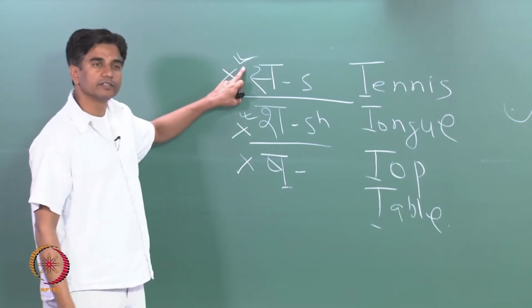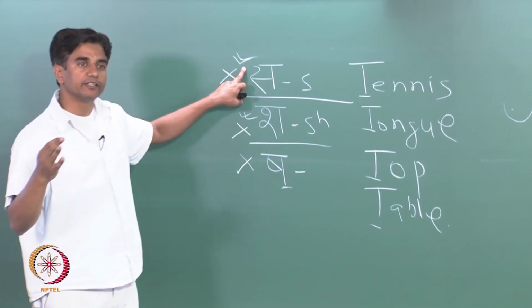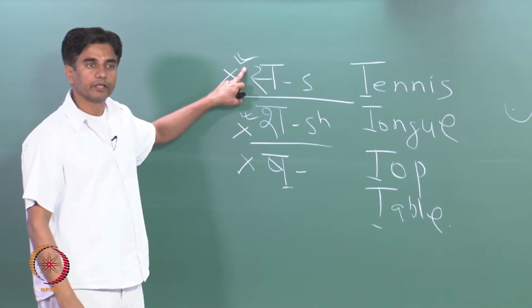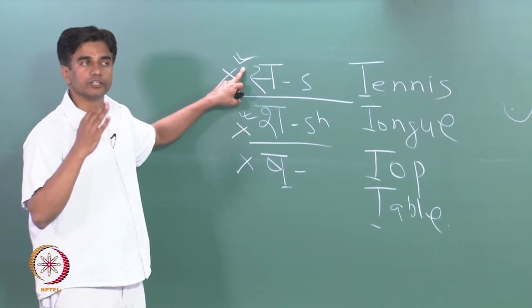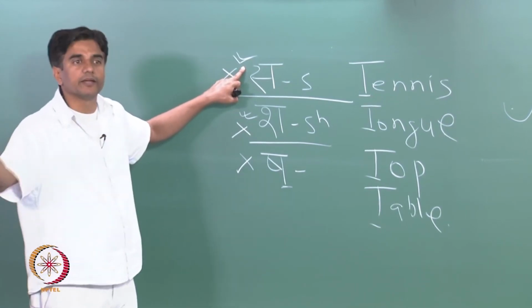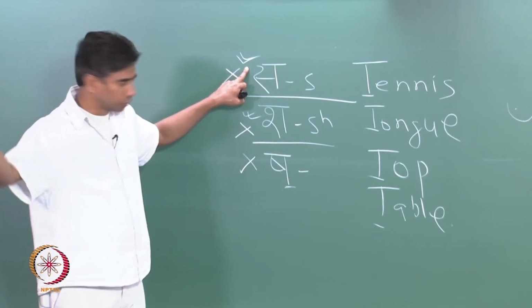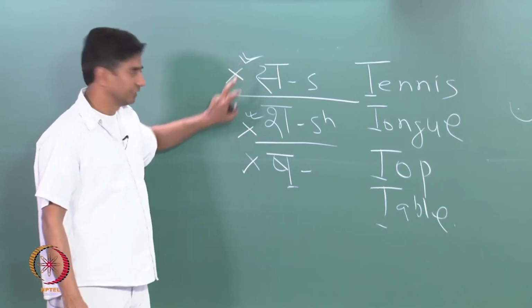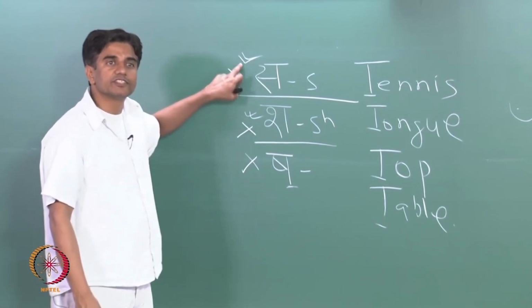For example, languages spoken in Eastern UP and Western Bihar, or for that matter entire Bihar, all the way to Assam, they don't have this one, they have just this one.